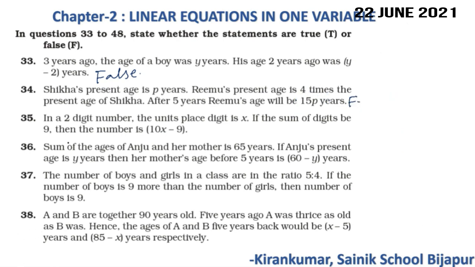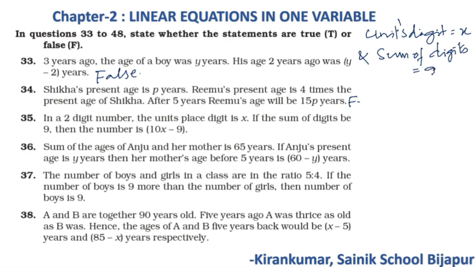Question number 35. In a 2-digit number, the units place digit is x. If the sum of digits is 9, then the number is 10x minus 9. Here the units digit is given as x and the sum of digits is given as 9.